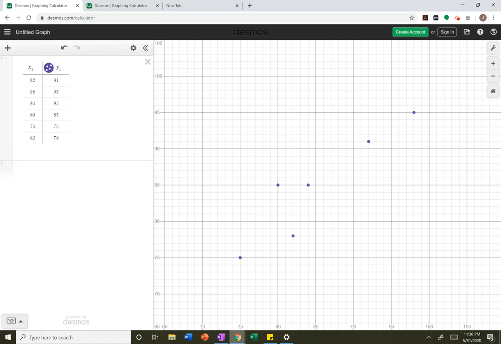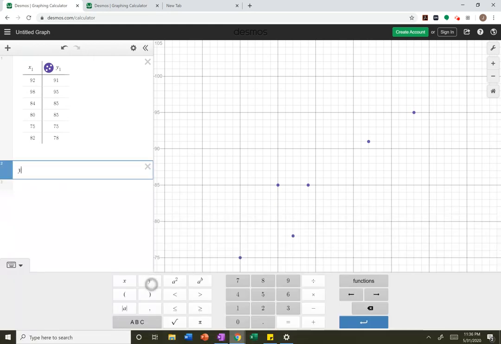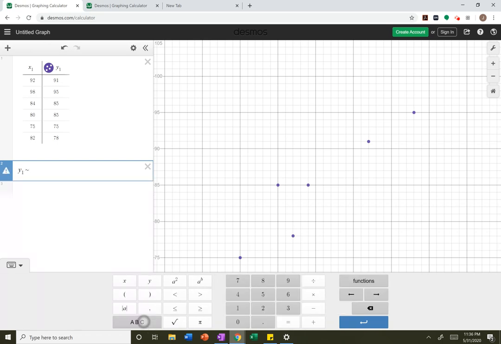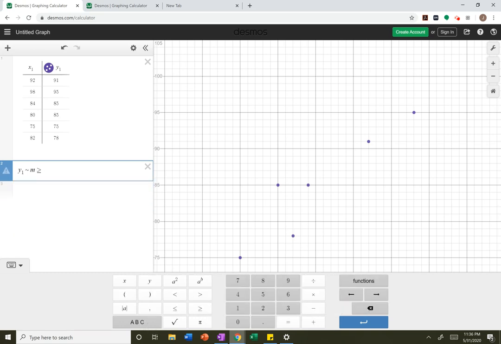So here's my scatter plot, and I want to create the regression equation. So how do I do that? Well, I hit y1, squiggle, y equals m x1 plus b.